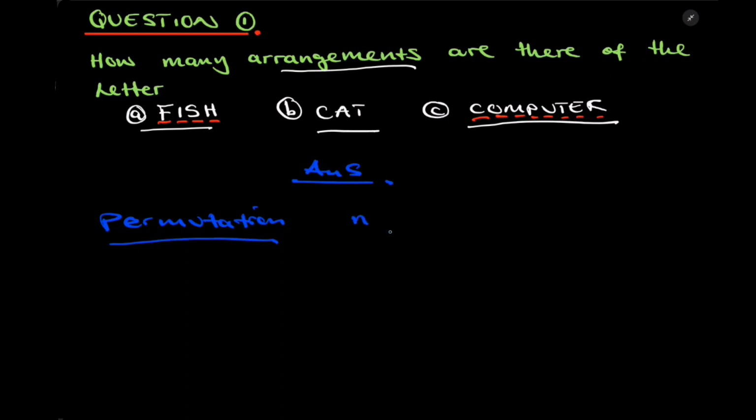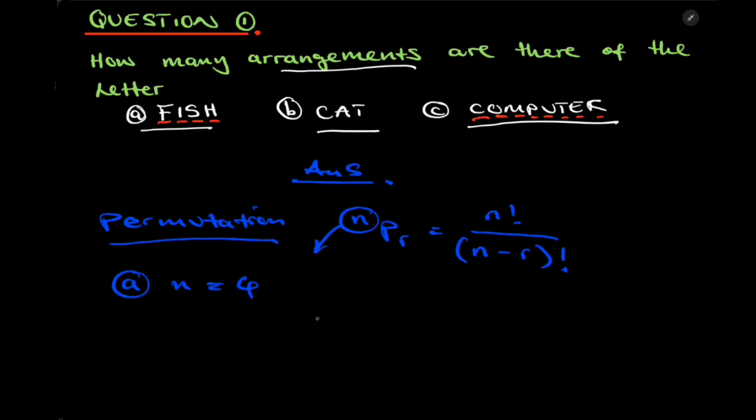So the formula looks like this: n factorial divided by n minus r factorial. And if you are given a question like this one, we can arrive at the same answer by just saying n is the number of items present or given. So for question A, our n is 4.